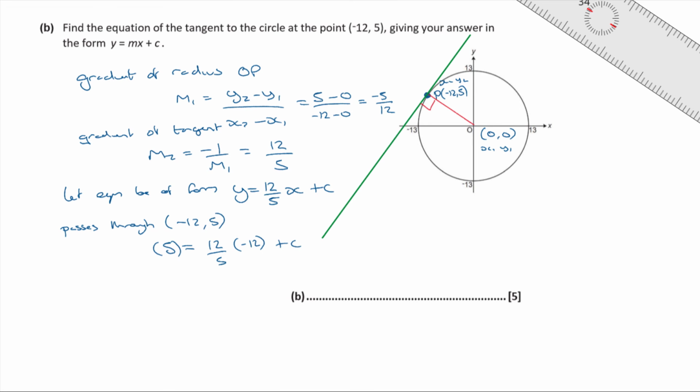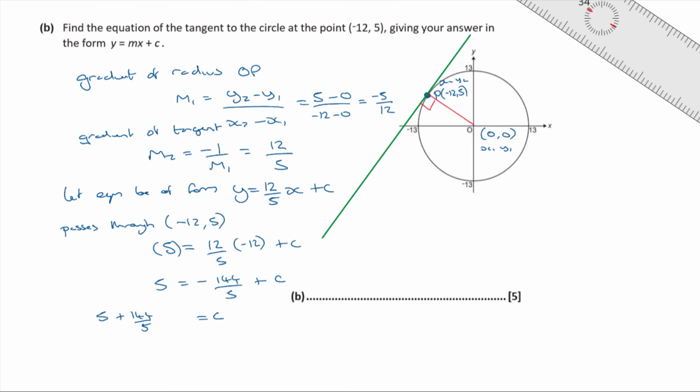Okay, so what's that then? That's going to give me 12 times minus 12, that's minus 144 over 5. So 5 equals minus 144 over 5 plus c. Taking that to the other side, I'm going to get c equals 5 plus 144 over 5.